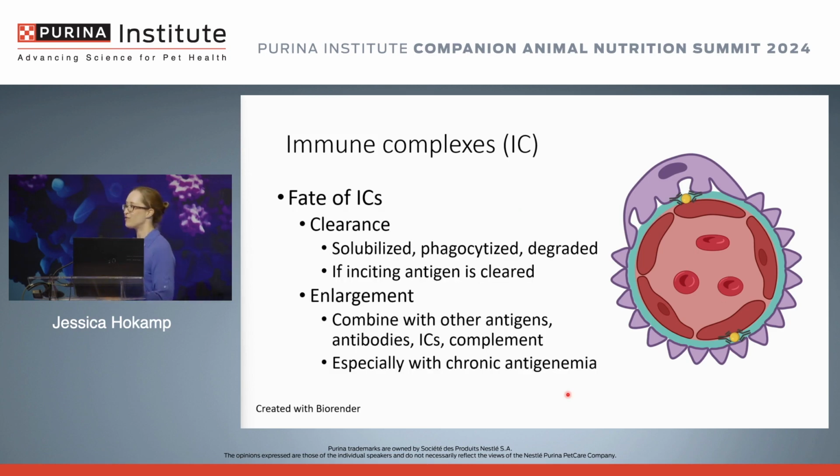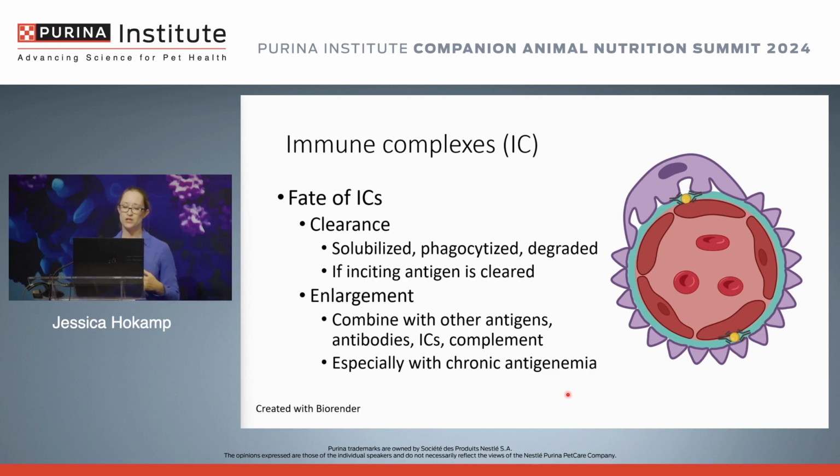What happens after those immune complexes are there? They can potentially be cleared, especially if our inciting antigen is taken care of or cleared. So if we have a patient with a disease process that is resolved, sometimes we have clearance of those immune complexes. Or they can enlarge, combining with other immune complexes or antigens, antibodies, complement, et cetera, and get larger.